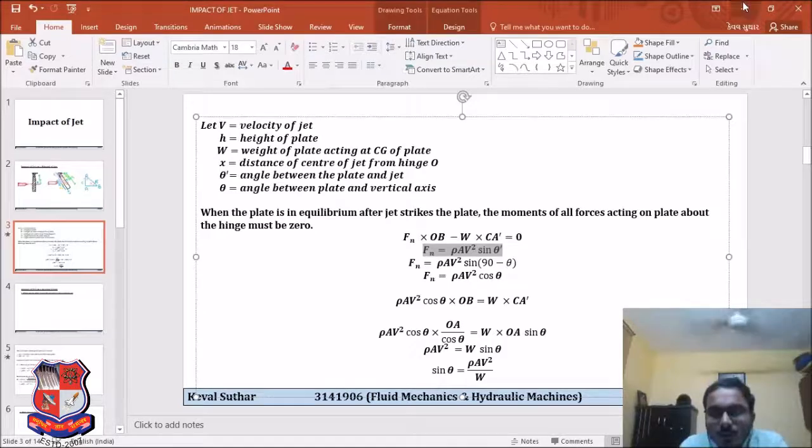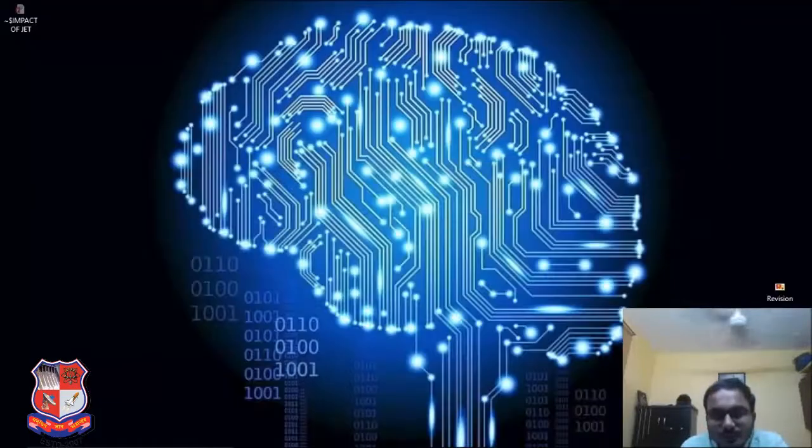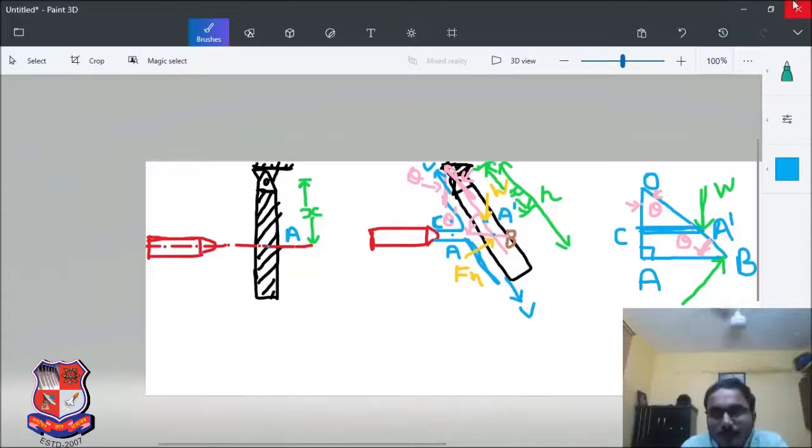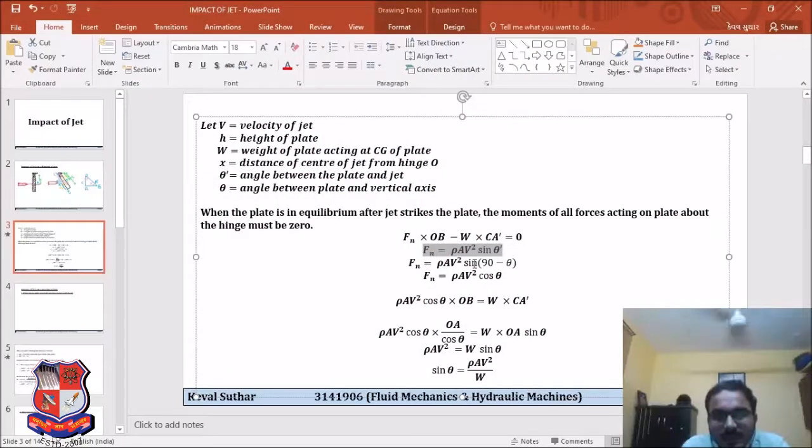That is quite clear from this triangle that if this is theta, this will be 90 degree and this will be theta prime. Then instead of theta prime we can write 90 minus theta, and sine of 90 minus theta is cos theta. So this is the value of Fn.